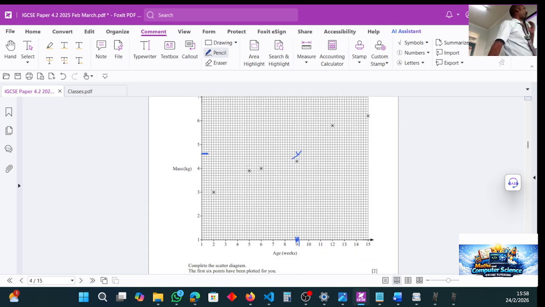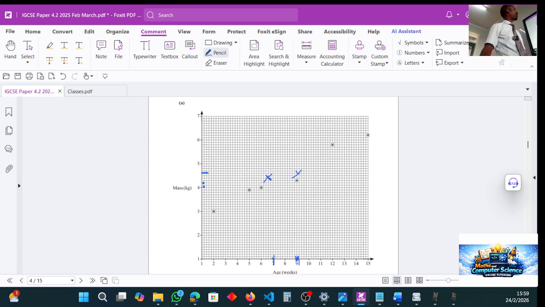Let me check the other points I'm given. 7 and 4.5. So I have my 7 here and 4.5. It is exactly halfway. So that's 1, 2, 3, 4, 5, so 7 is the fifth value, and the point will be somewhere here.